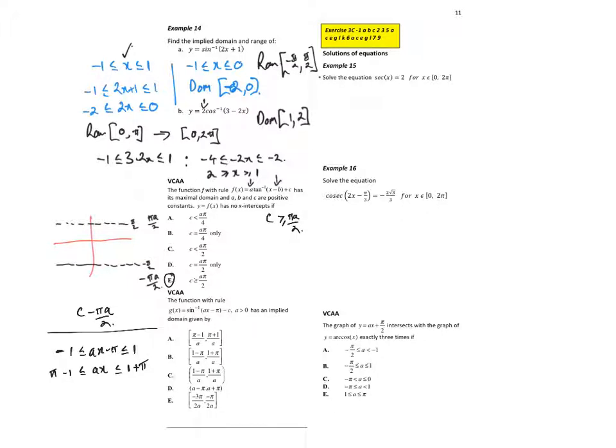A must be greater than 0, it is. So we get pi minus 1 on A less than X less than 1 plus pi on A. Hopefully that looks like one of them. Pi minus 1 to pi plus 1. That one there looks about right. It's definitely pi minus 1. Square bracket, so that's okay. Yeah, I'm pretty comfortable with that answer. 3C, off you go.